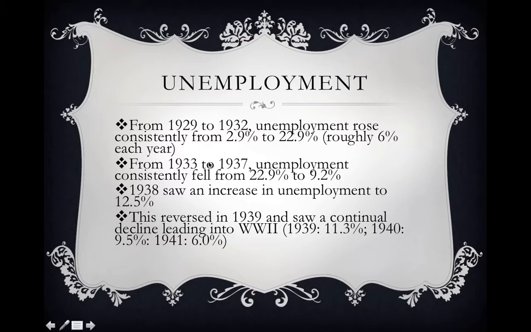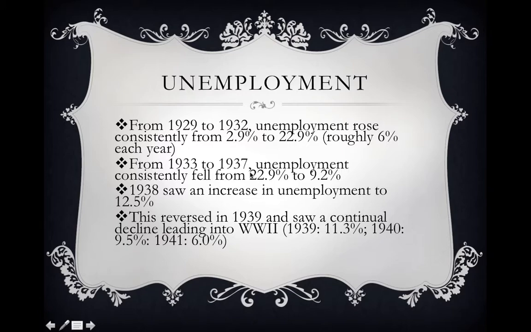Realize that from 33 to 37 the unemployment rate consistently fell and actually got below 10% by 1937. Also, in 38, the unemployment rate starts to increase. And this is one thing I want you to be aware of, that some people refer to 1938 as the recession during the Depression.